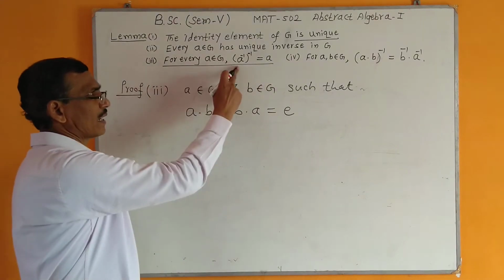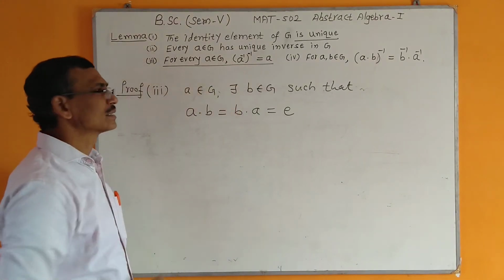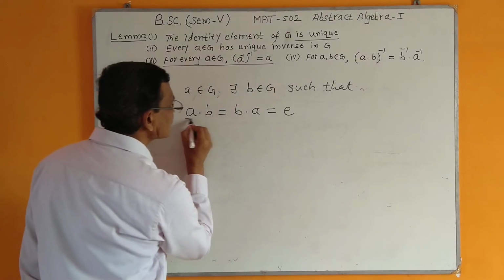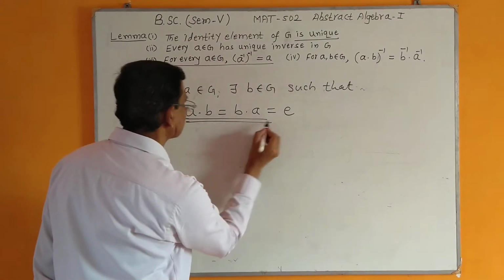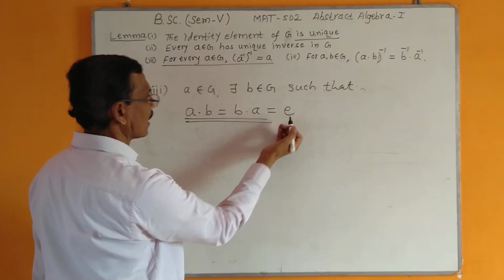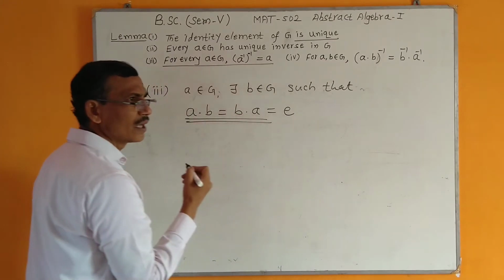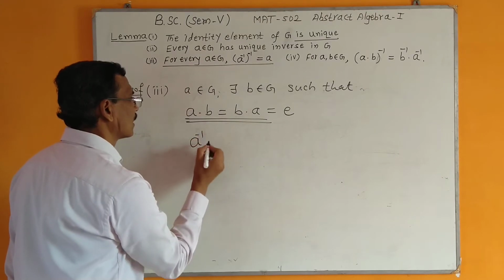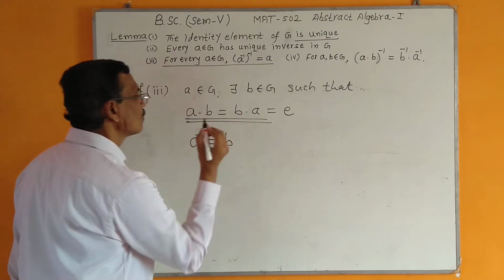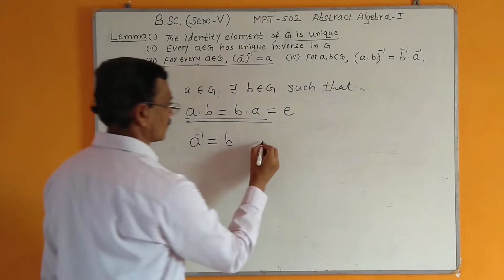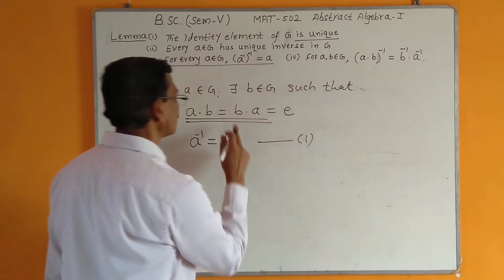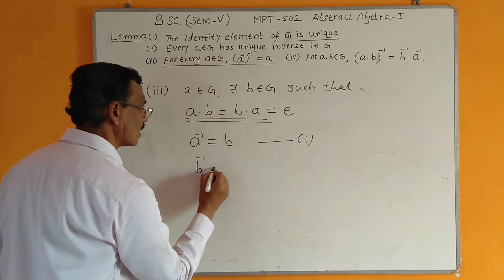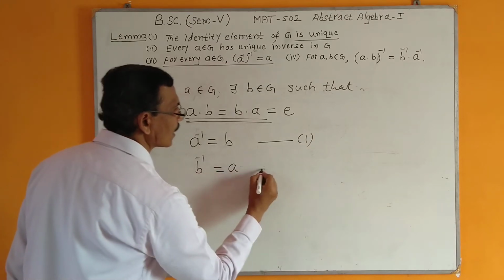Now we have to prove that taking the inverse two times gives the same element. By the symmetry of these, a · b is equal to e, so a inverse is equal to b. Also b · a is equal to e, that means b inverse is equal to a.